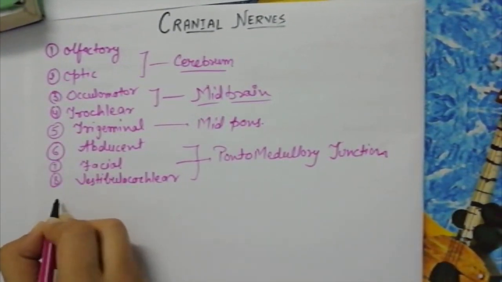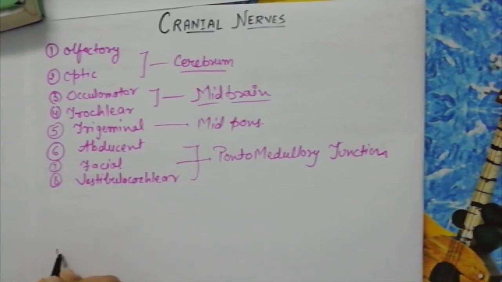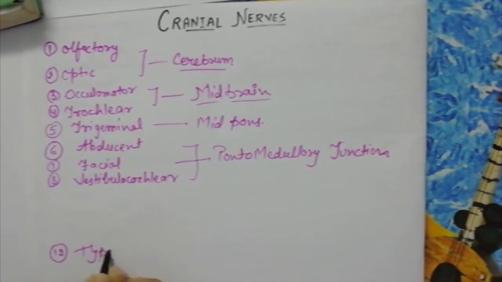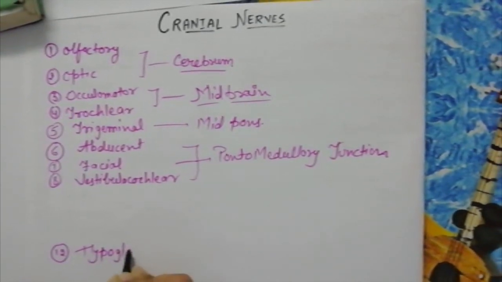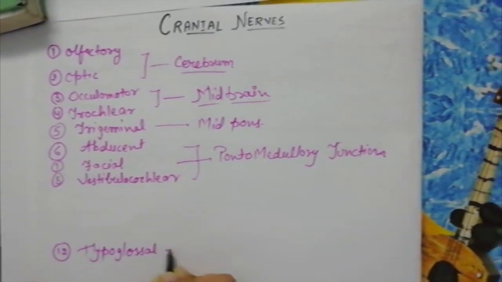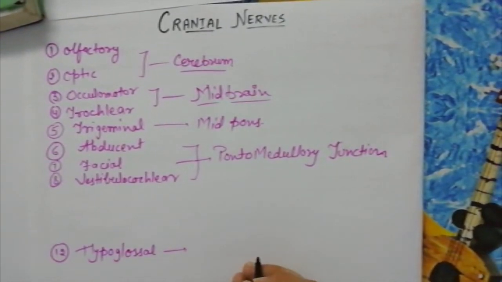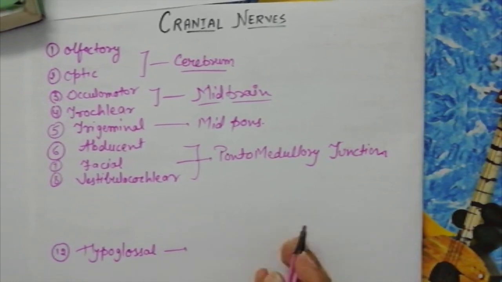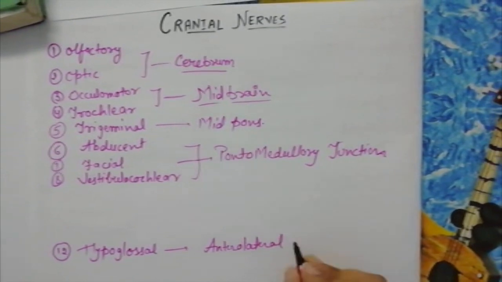Then first we talk about the 12th. The 12th cranial nerve is the hypoglossal. This is attached on the medulla and on the anterolateral sulcus.